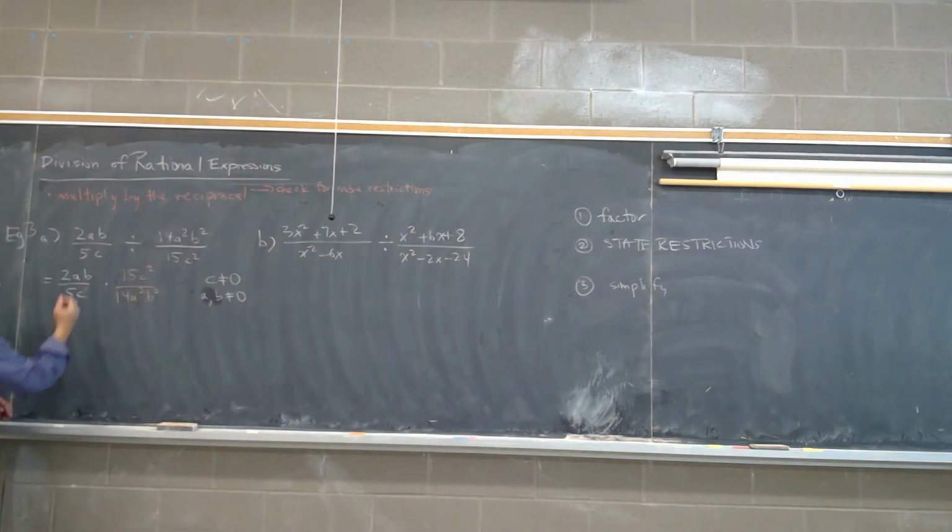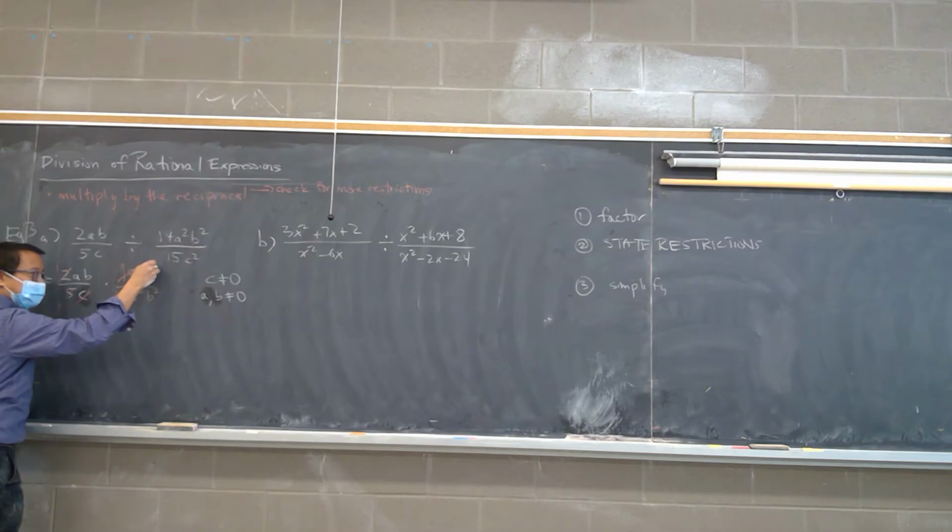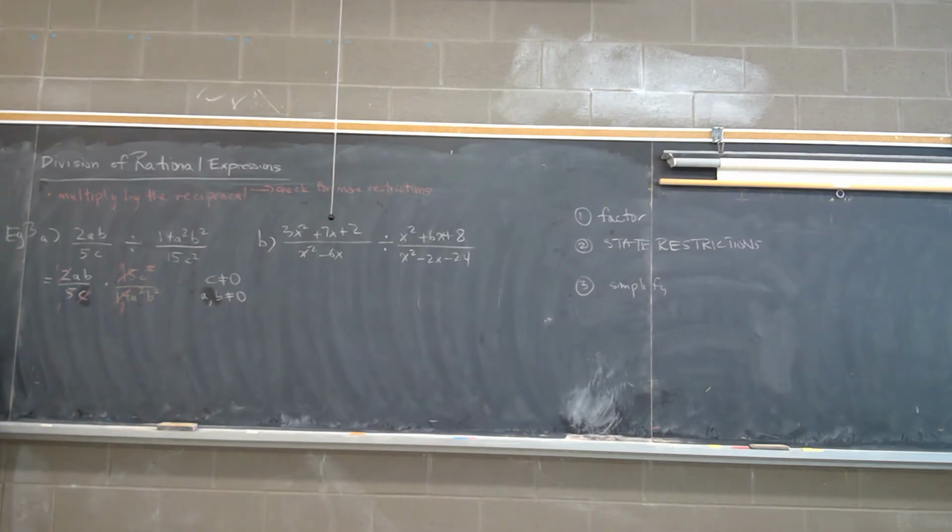We'll do the coefficients first. You can do any order you want. This 2 becomes a 1, this 14 becomes a 7. This 5 becomes a 1, this 15 becomes 3. Hope I'm not going too fast. This c divides out and changes this c squared to 1 c.